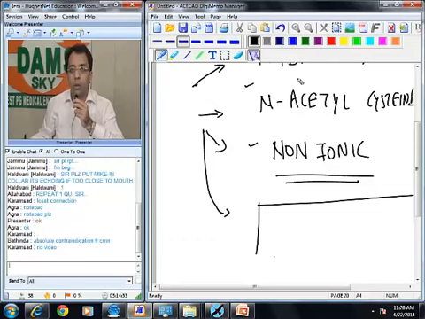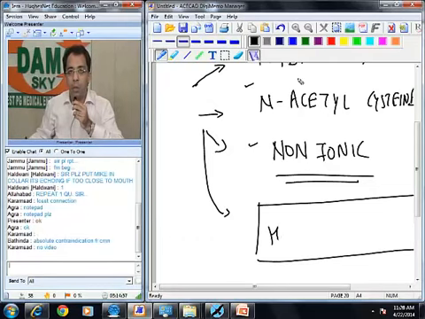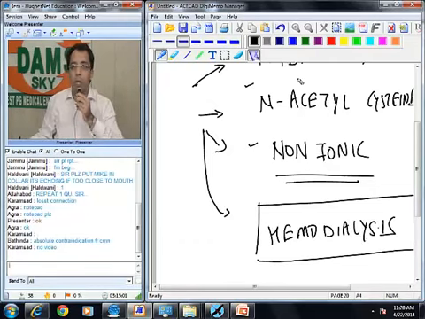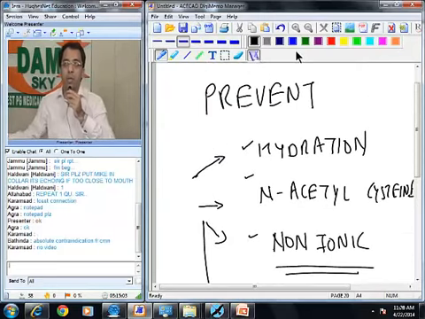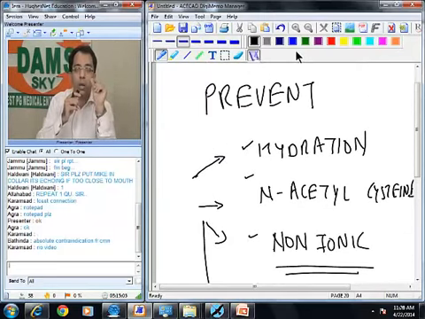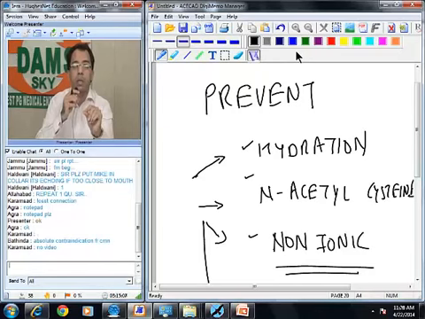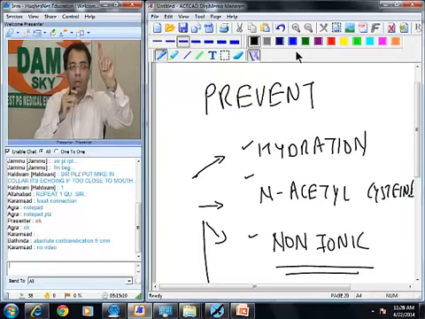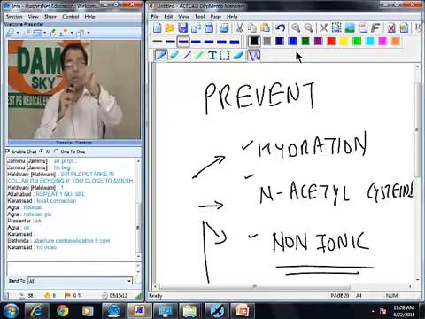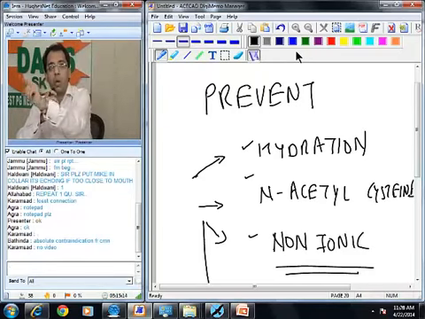The examiner will fool you. He will write in the choices, hemodialysis. Okay, please see this question now. Previous AIIMS question. How will you prevent contrast nephropathy? They will say all except are used to prevent contrast nephropathy.